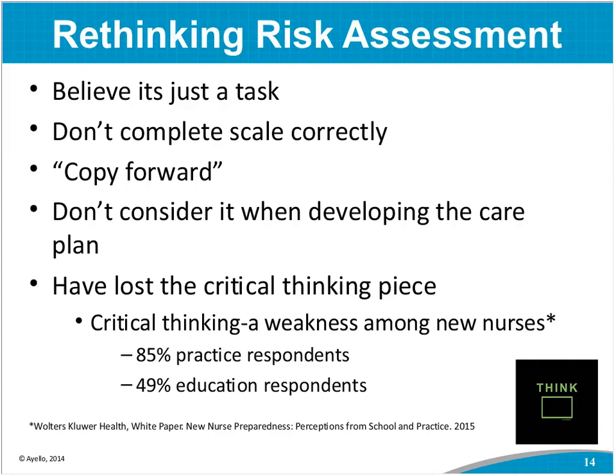There's a phenomenon which I have labeled copy forward, which means that whatever the numbers are the first time somebody does the Braden scale, people just continually copy the same numbers and really don't do the risk assessment of the patient. It's kind of like in my day, everybody had respirations of 20.